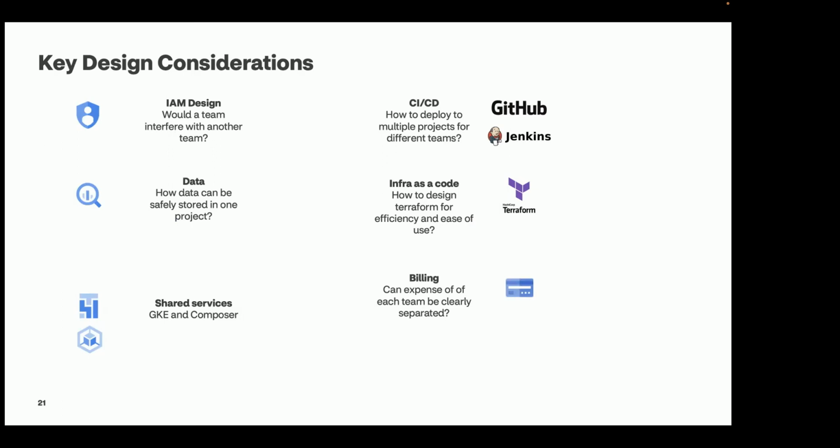How do you do Terraform for different teams, multiple teams in one project, right? Can the cost of each team be clearly separated? This is important for a lot of companies, right? If you want to share a project, you would need to be able to separate the cost of each team, right?